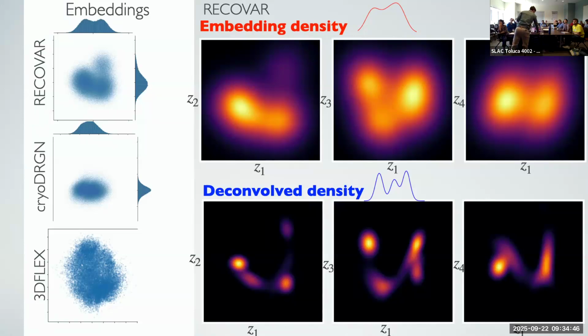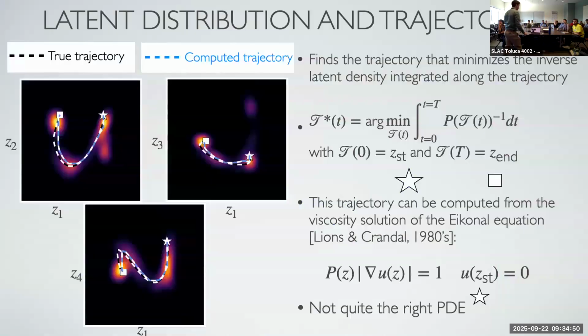Okay, and if we have successfully estimated this density, then we can go on to the next step and say, okay, now I know the density. Give me a trajectory from the star to the square that is low free energy, or let's say high density. Okay, and so in the software, we have a method to do this.